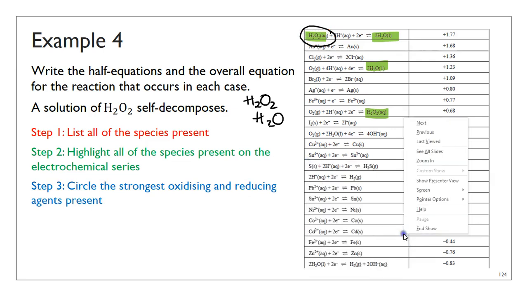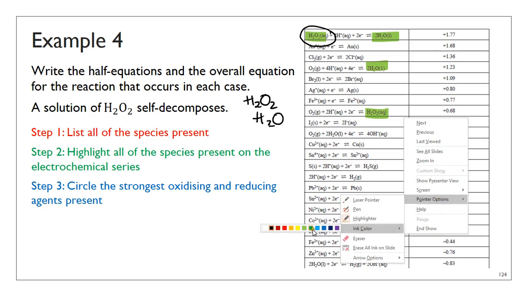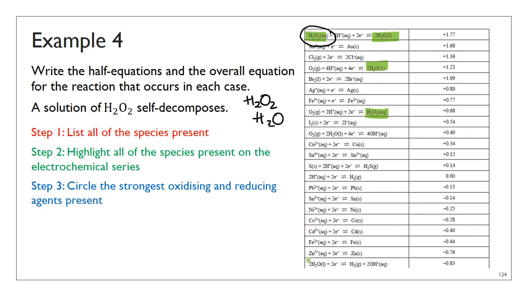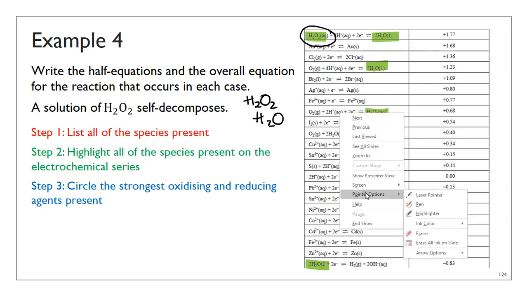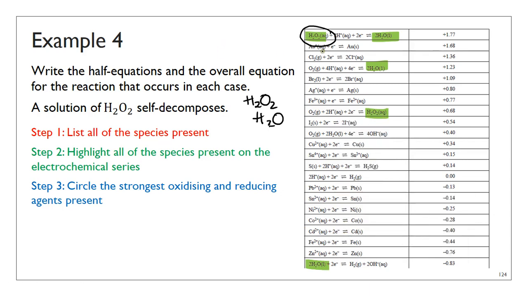I keep forgetting to highlight water, which is very sad. So there's water down here, but it's so weak anyway, it's not going to do anything. So H2O2 is the strongest oxidizing agent, and H2O2 is also the strongest reducing agent present.